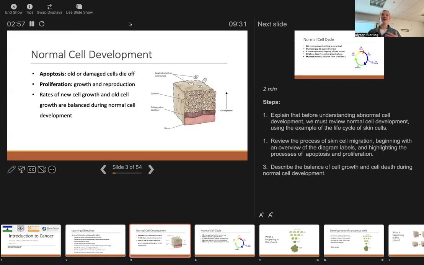And this is happening in all of the cells in our body at different rates, depending on what cells they are. But this balance of apoptosis and proliferation is what contributes to normal cell development. Any questions about this? I know we've all had plenty of biology classes here, so this should be review.